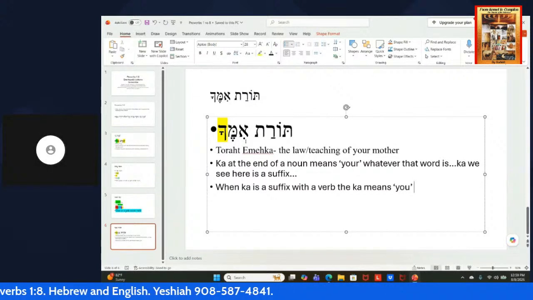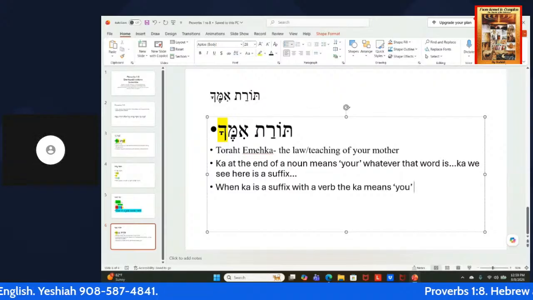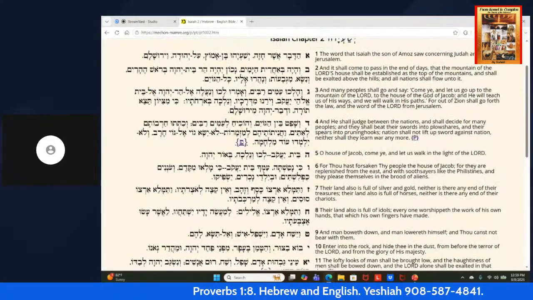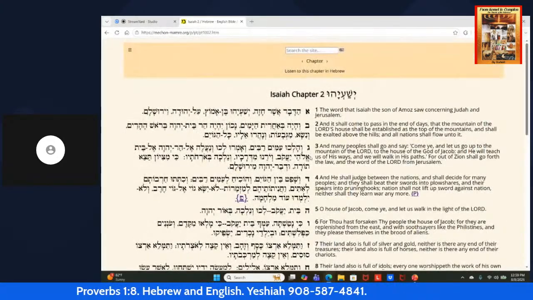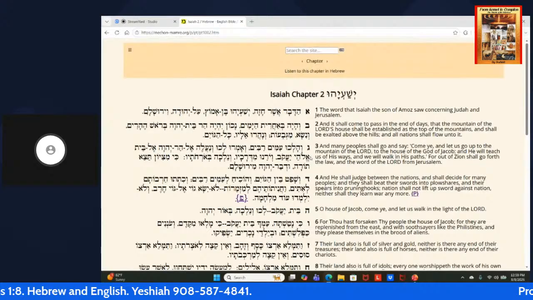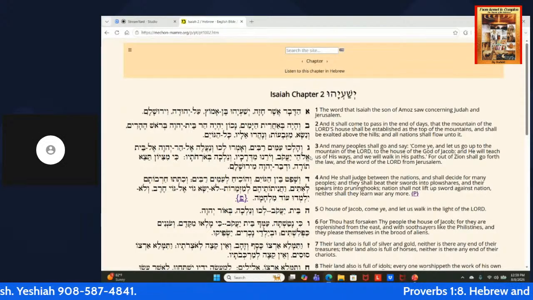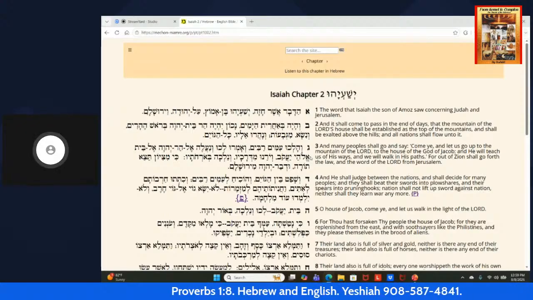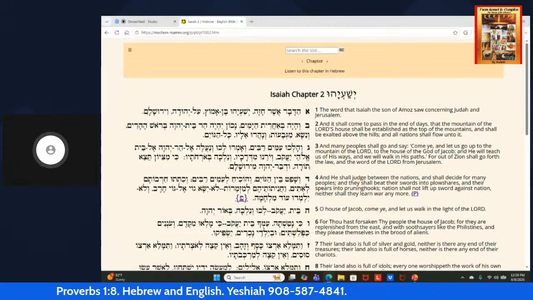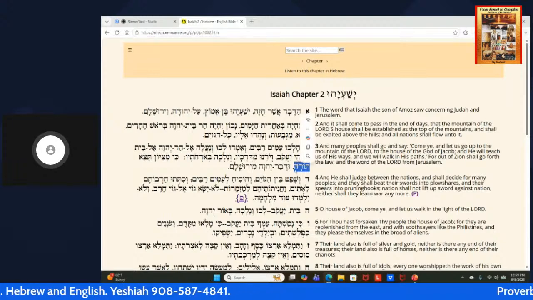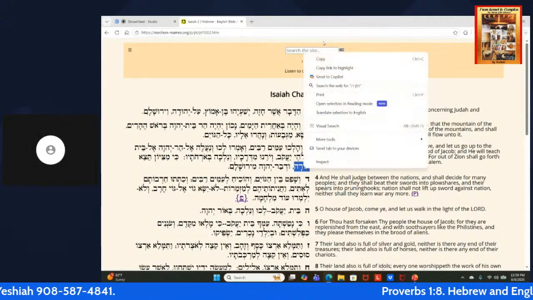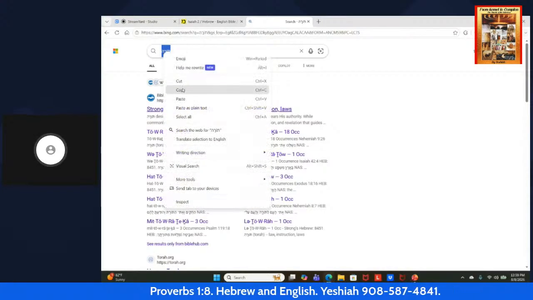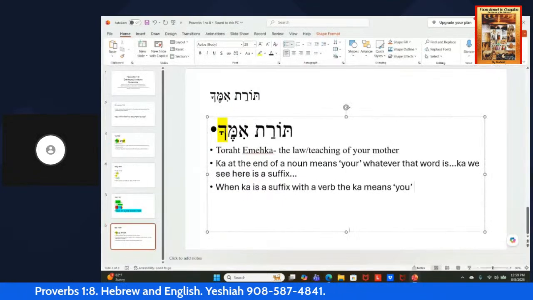Let's look. For out of Zion shall go forth the law. So we're going to take from Isaiah chapter 2 the word Torah, and we're going to put it inside of the PowerPoint here.